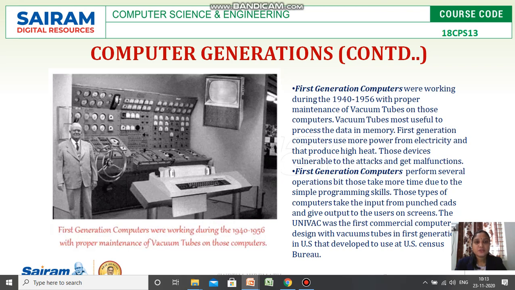First generation computers used more power from electricity. As more power was used for the working of these computers, the heat generated was also more. As these systems were generating more heat, they were very vulnerable to malfunctioning of the systems or of the different units of a system, due to the heat produced while processing the data.